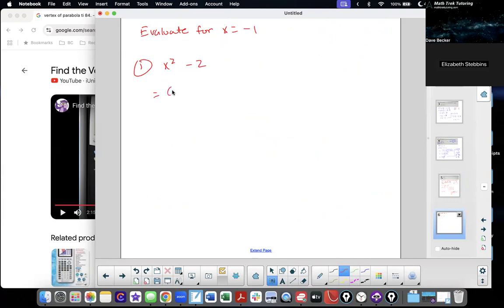Well, that would be (-1) squared minus 2 because we're replacing all of x, right? So just make sure to put parentheses around it.